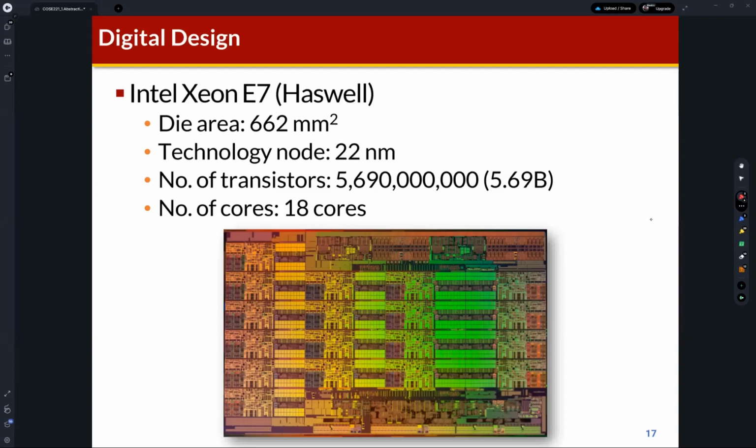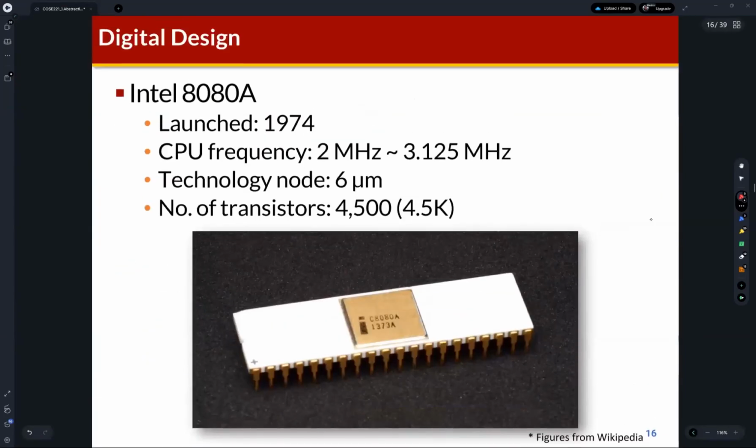The modern server CPU is based on the Ice Lake or enhanced Ice Lake architecture, but this is the Azure. This is the die of the modern Intel CPU, and you can compare some specifications with the early stage CPU.